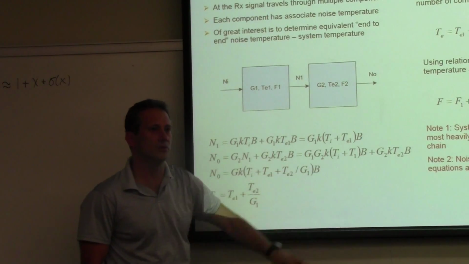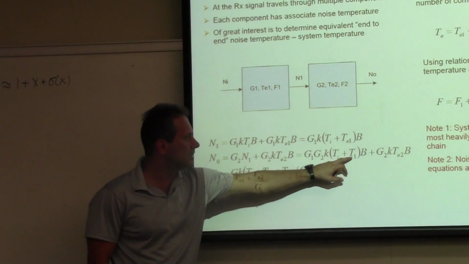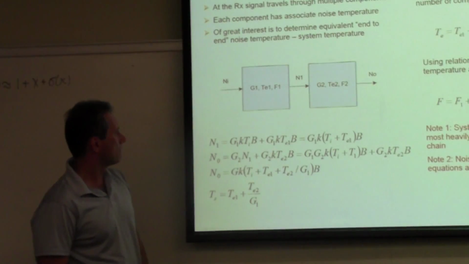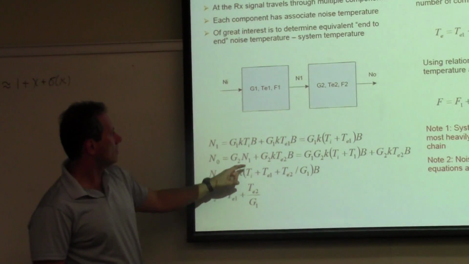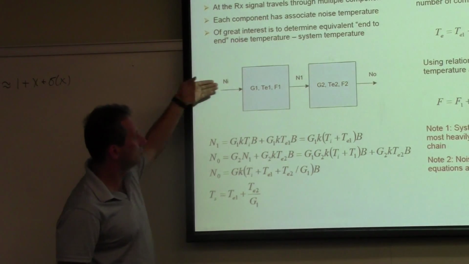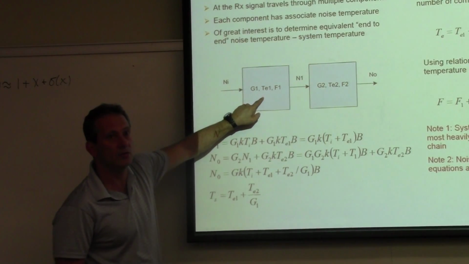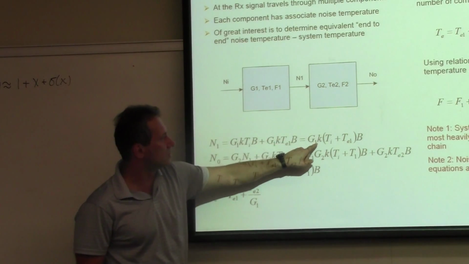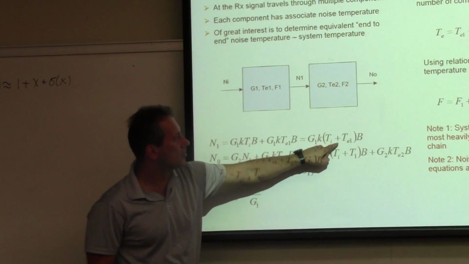There's a typo. Do you see that? No. It should be Te1. I thought it was supposed to be for the entire, this T1. No, look, N1 is Ti, the input, plus Te1, the noise temperature of this device, right? So that's this, G1 K, Ti plus Te1.